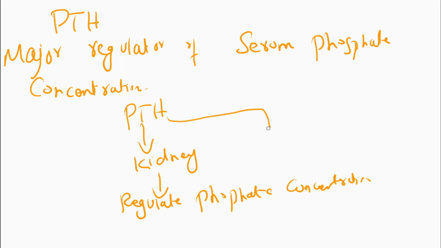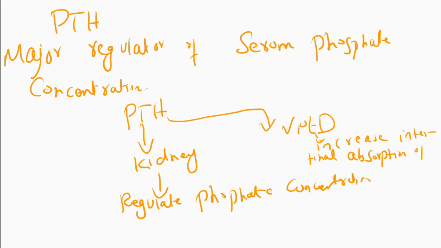Another way of maintaining phosphorus level is activating vitamin D, which increases intestinal absorption of phosphorus.